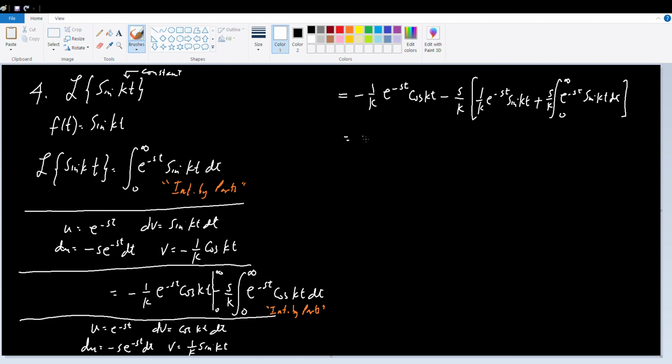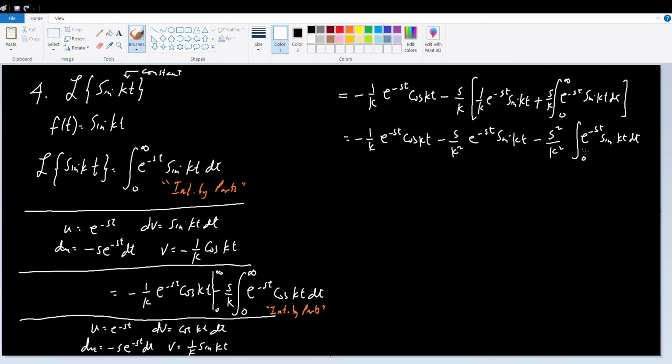So let me write this as negative 1 over k e to the negative st cosine kt minus s over k squared e to the negative st sine kt, and then minus s squared over k squared integral of e to the negative st sine kt dt.